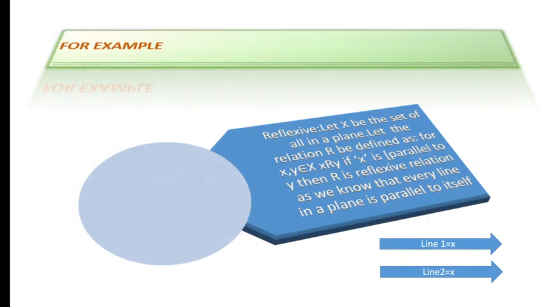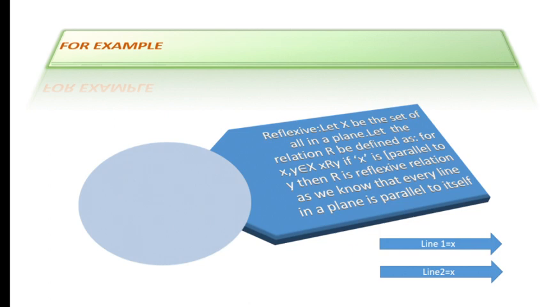Next, examples of reflexive relation, symmetric relation, and transitive relation. First, an example of reflexive relation. Consider set X, the set of all lines in a plane. The relation is defined as x is related to y if x is parallel to y.